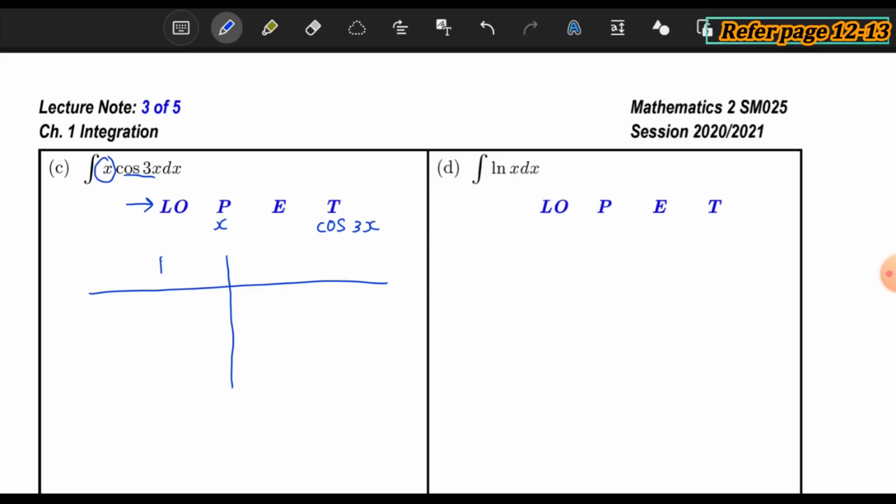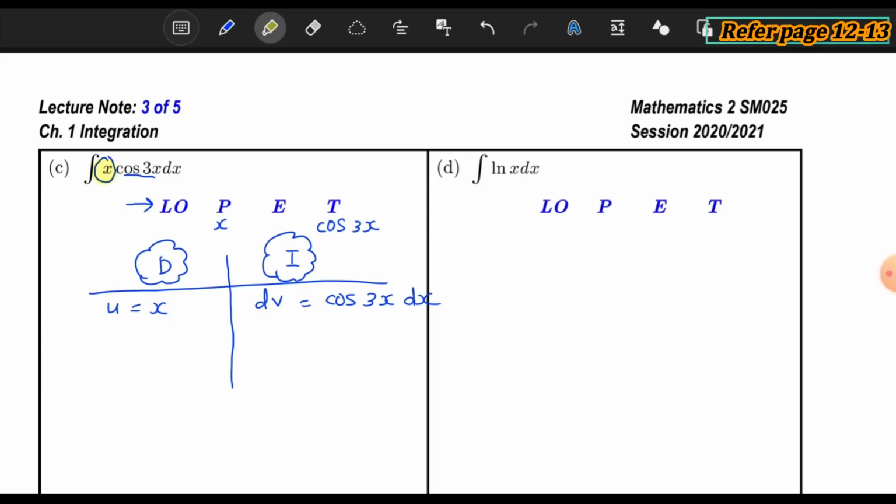We have to differentiate u, and u is x. And we have to integrate dv. dv is cos 3x dx.